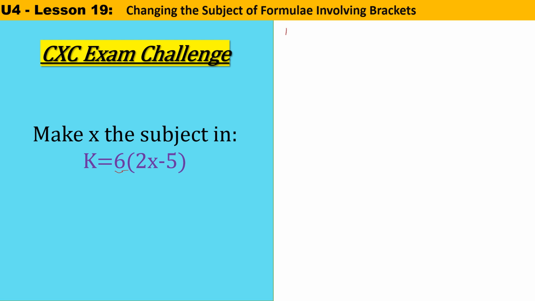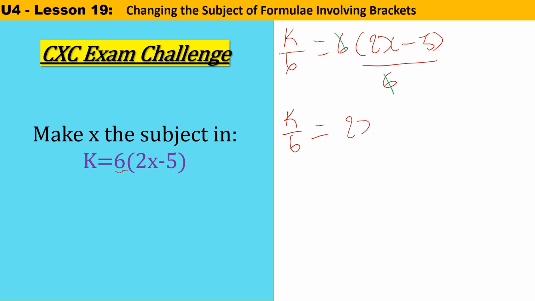So our new equation would be k over 6 equal 6 bracket 2x minus 5 over 6, and this 6 cancels this one, so our new equation is k over 6 equal 2x minus 5. We're minusing 5 here, so we're going to take it over here and it becomes add. So k over 6 plus 5 equal to 2x.